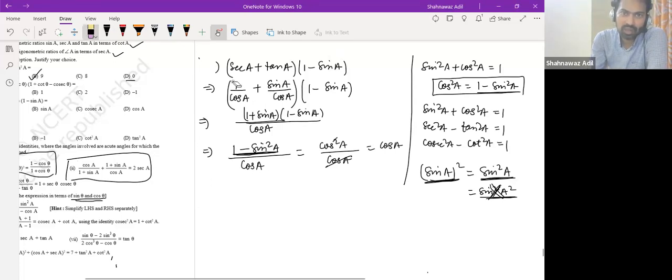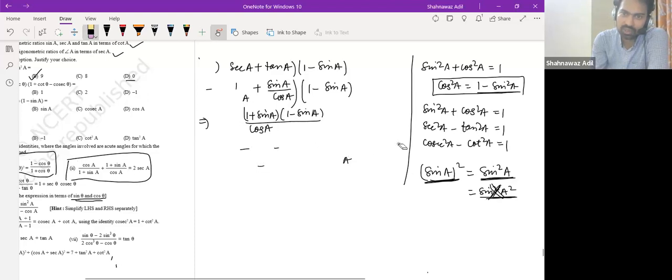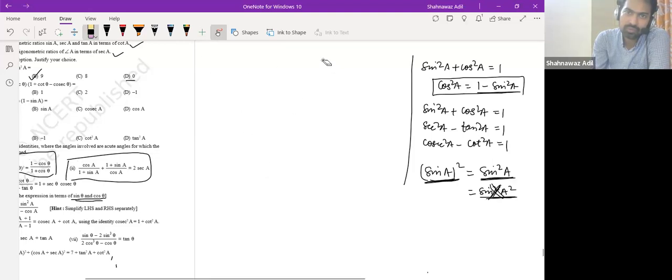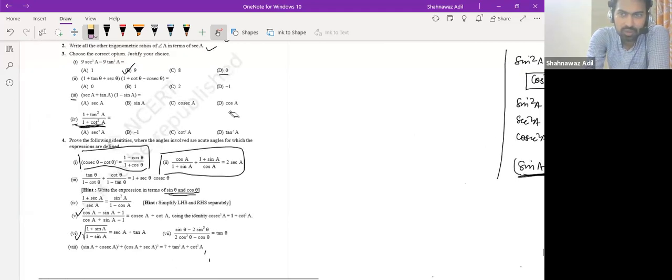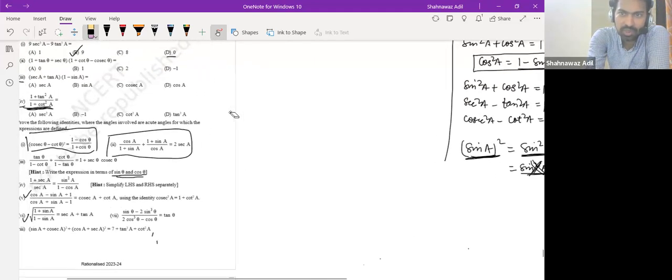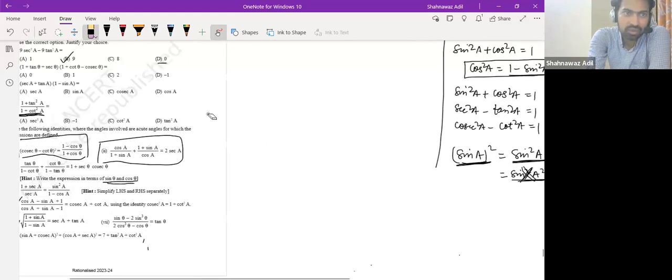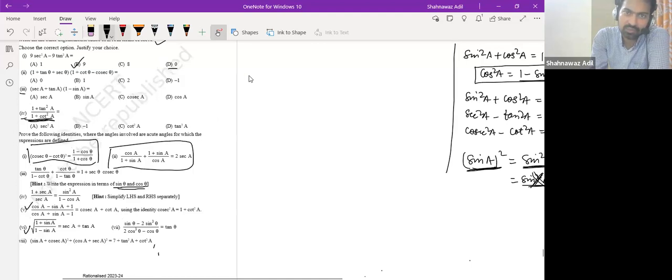Okay, Amira, you will read the expression. Let me keep these identities on the right hand side. So we have this fourth question: 1 plus tan square A divided by 1 plus cot square A. So what is this value?